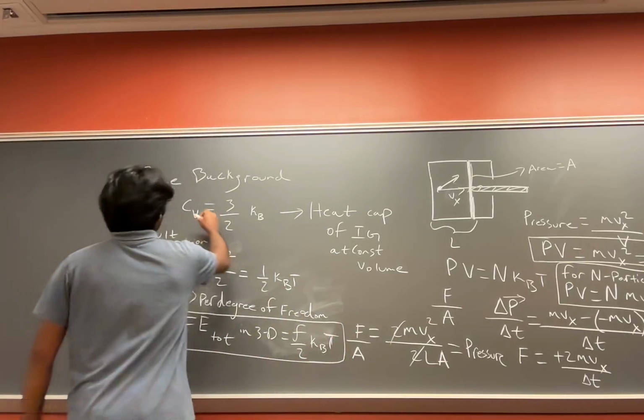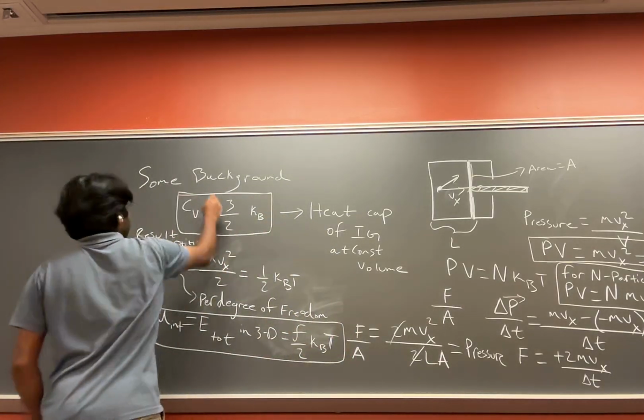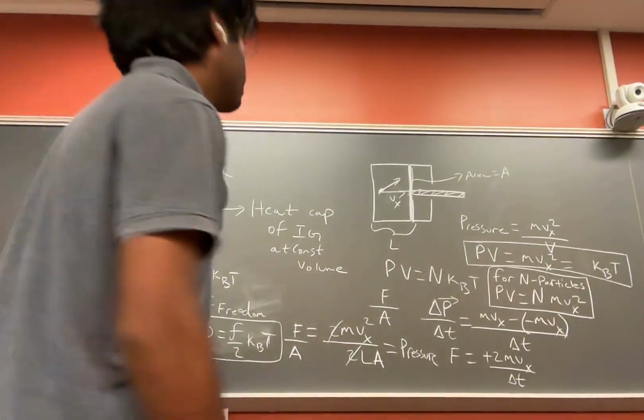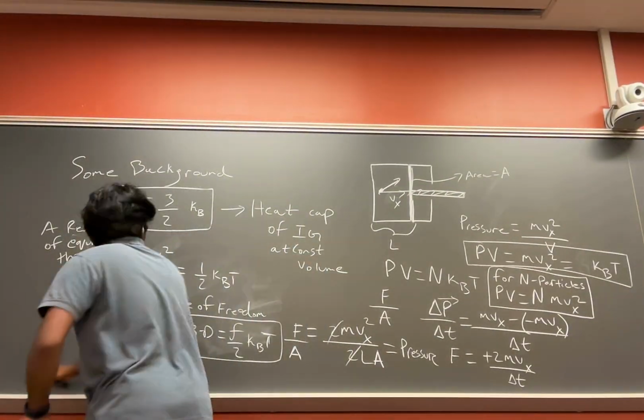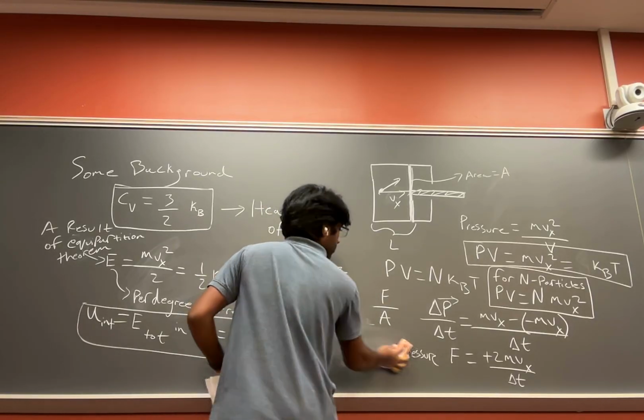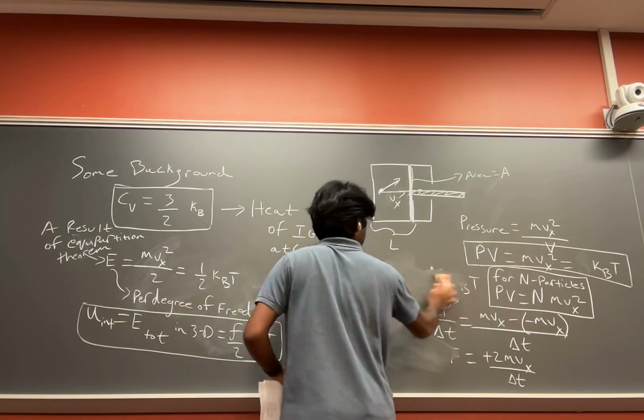From here, our initial goal was to find the heat capacity at constant volume. So if we go back a little bit, a couple more steps and we can get the heat capacity.